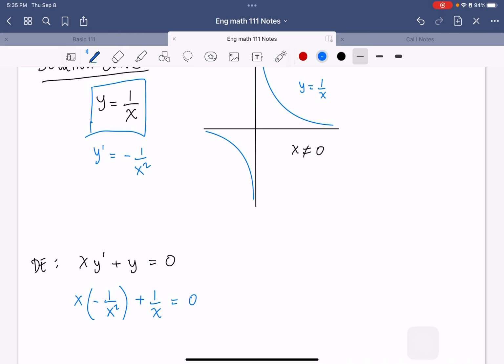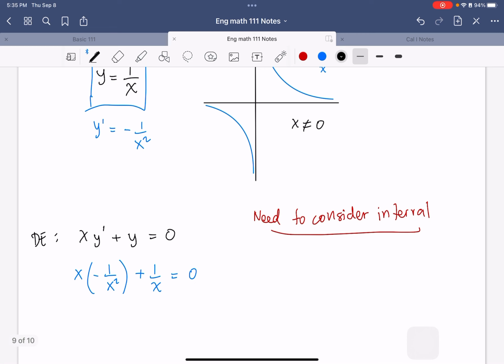But of course, when we need to write the solution as a curve, we are going to consider the interval. Okay, so we need to consider the interval. Let me write some parts that are important.